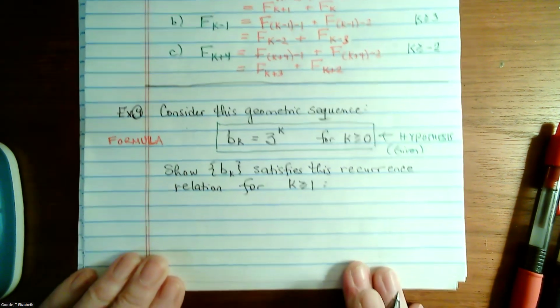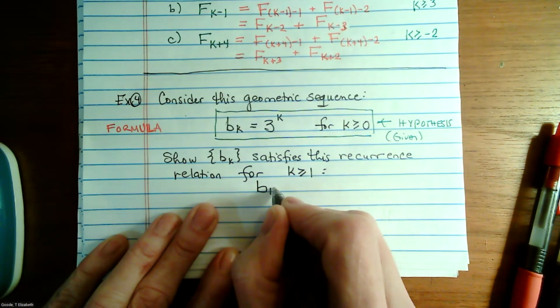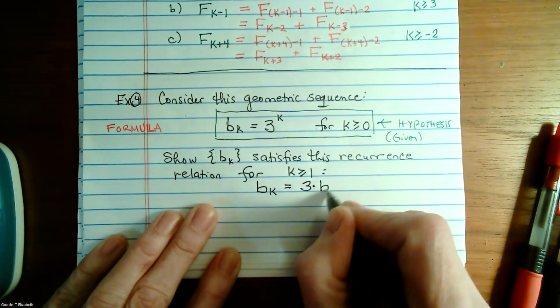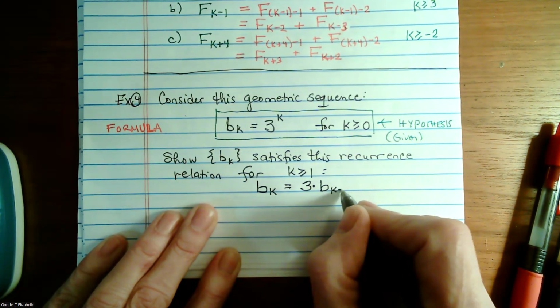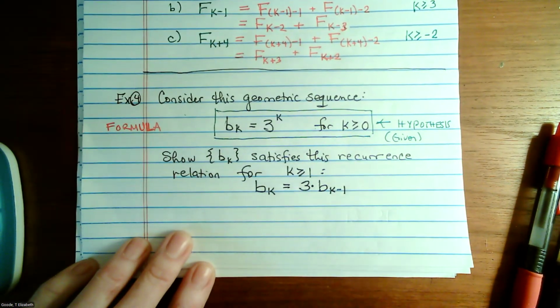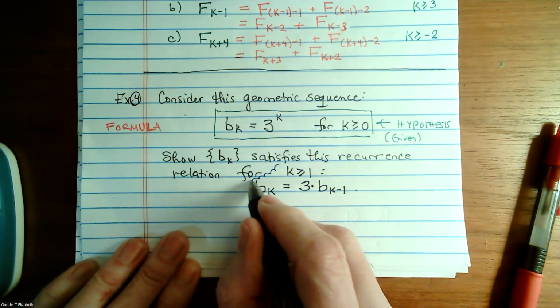And the recurrence relation that we want to show is satisfied is this, that b sub k is equal to 3 times b sub k minus 1. I mean, we're multiplying by 3 over and over and over again. So this is what we wish to show. I'll put my little dreamy wish cloud around that.